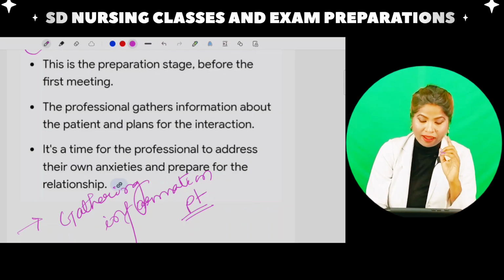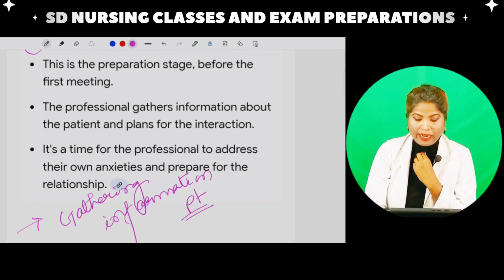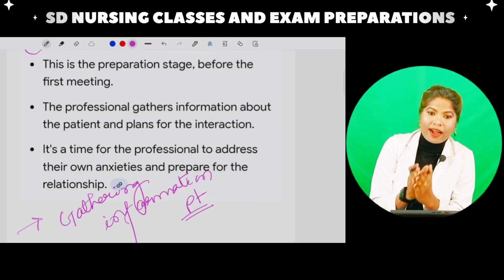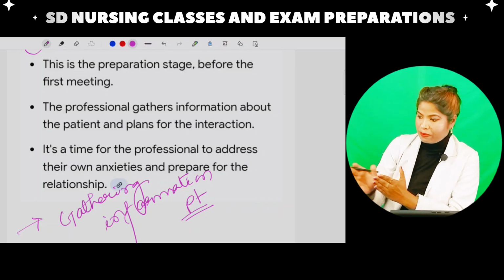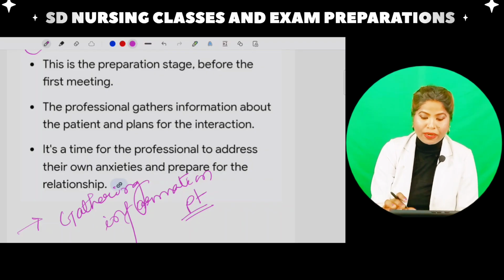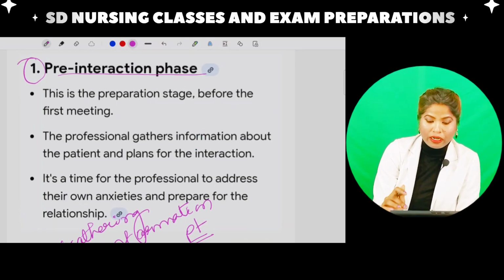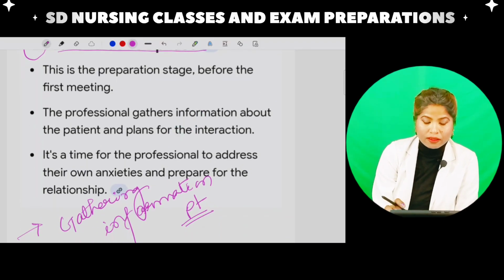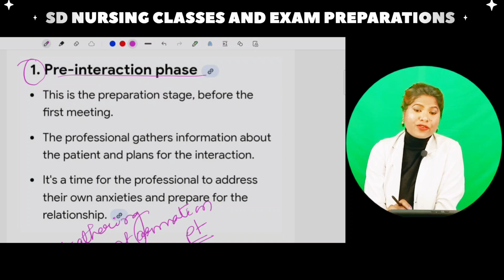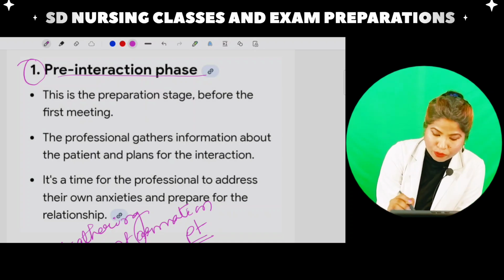So there may be anxiety or some type of issue, and she has to address that. She has to keep that aside and think about the patient, and prepare for the patient meeting. So this is the pre-interaction phase, before meeting the patient.